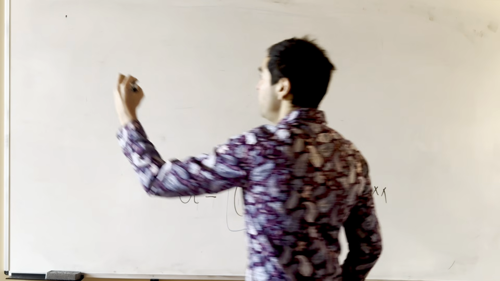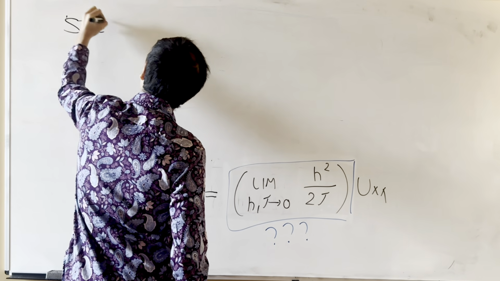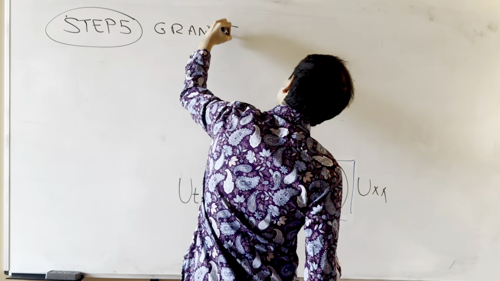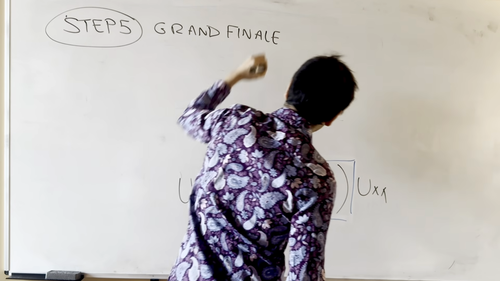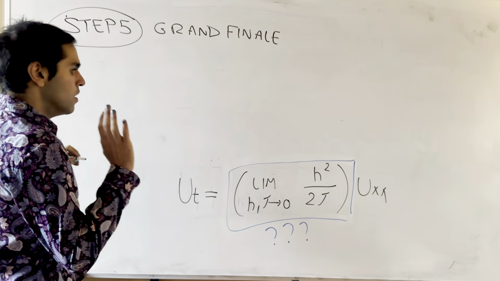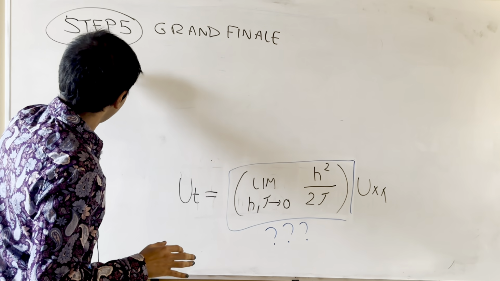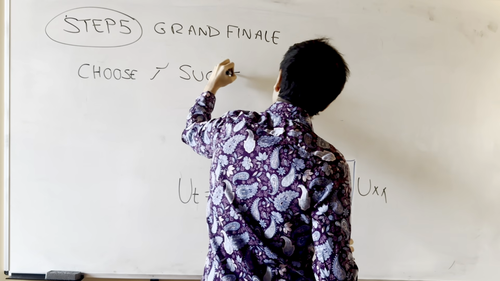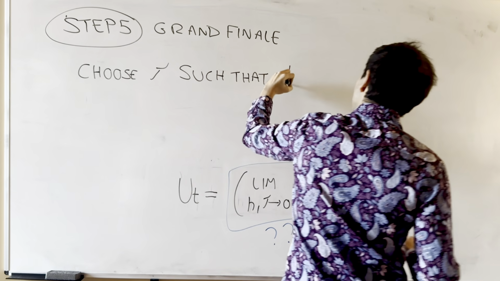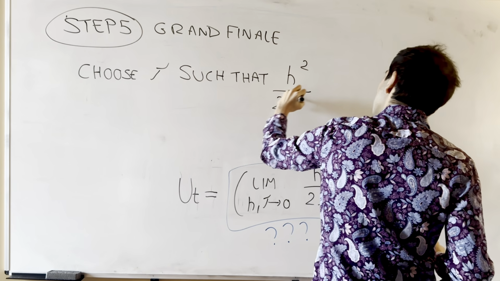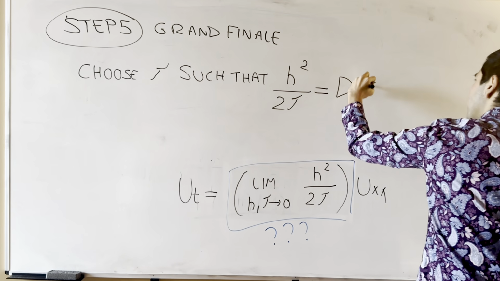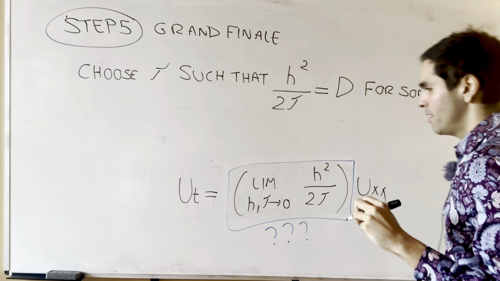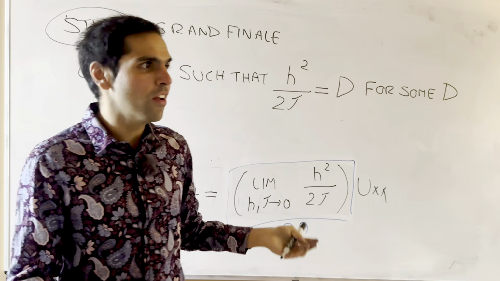So step 5, grand finale. Choose tau such that h squared over 2 tau equals D for some D. And once again, this is a phenomenological model.